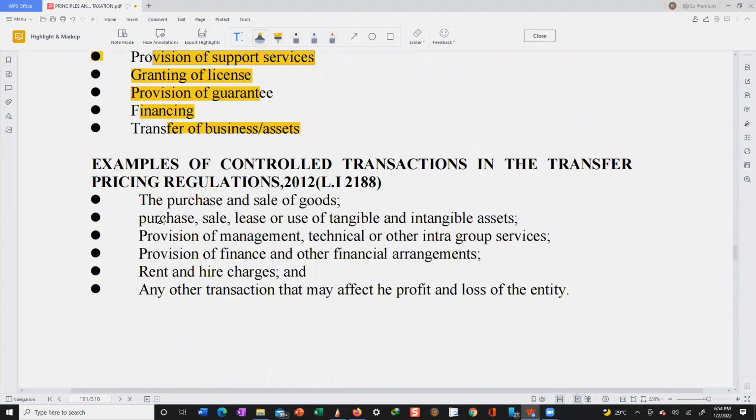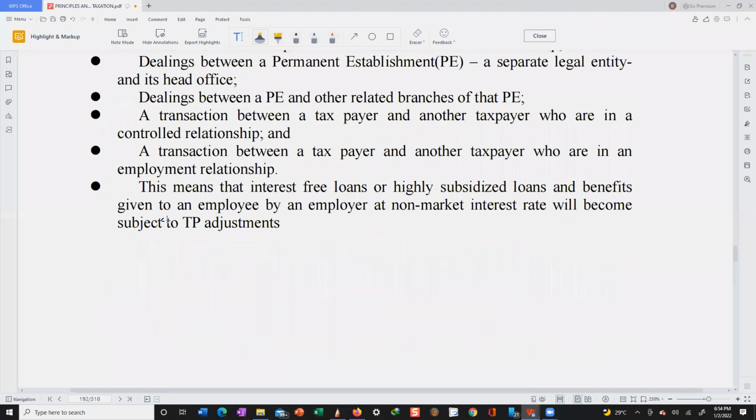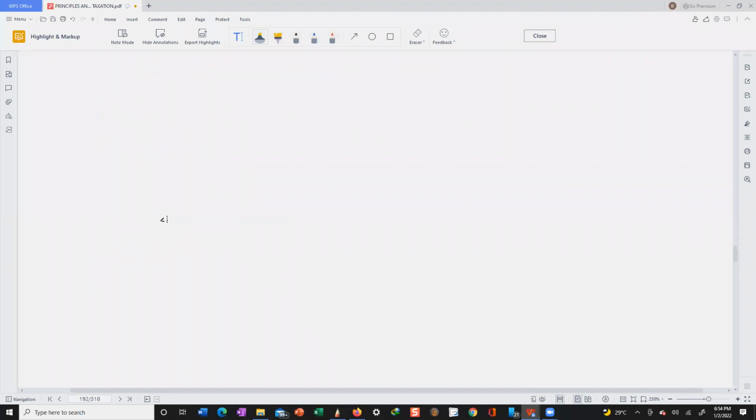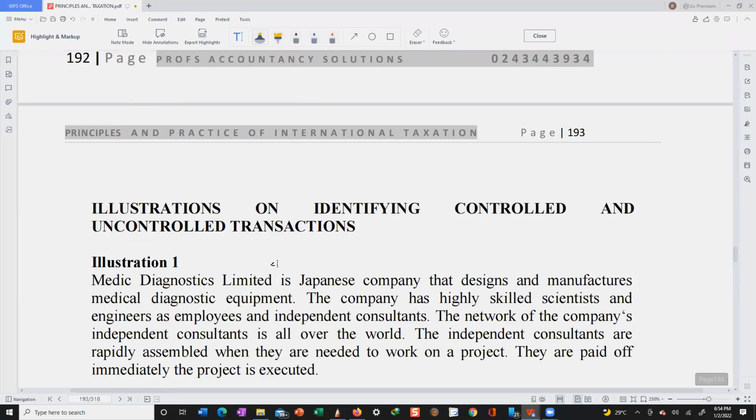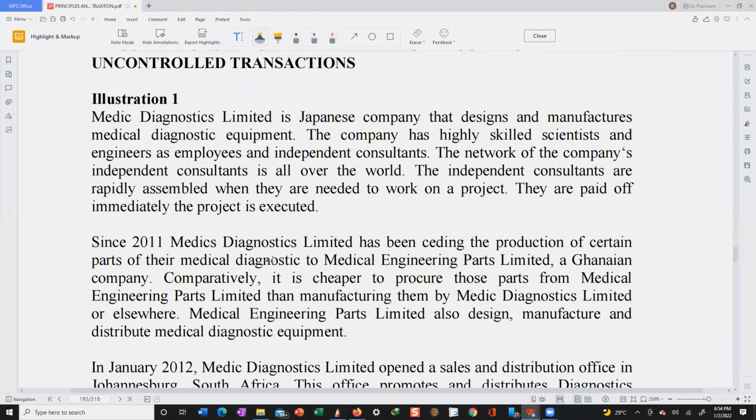Now we are going to take some questions to identify the controlled and uncontrolled transactions. Also, a transaction between a PE and its head office is also a controlled transaction. So let's take some questions. We are going to go through this question and see whether we can identify the controlled and uncontrolled transactions here.